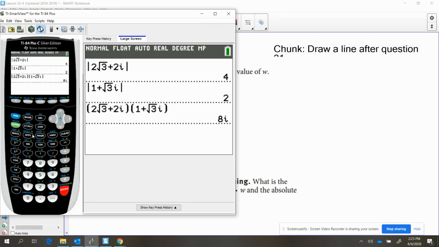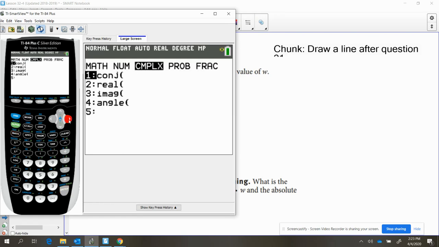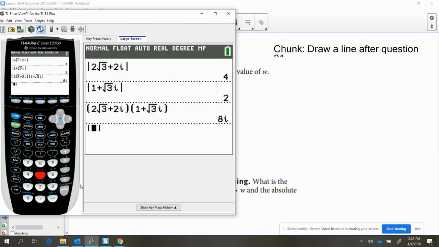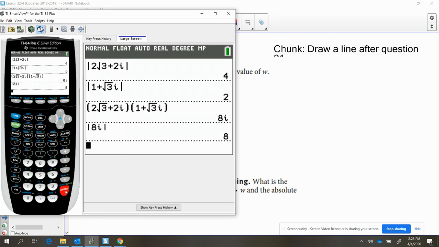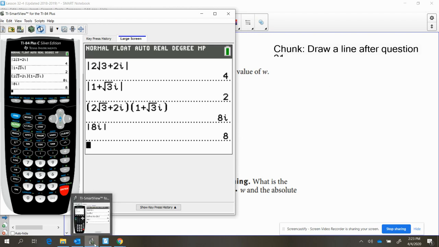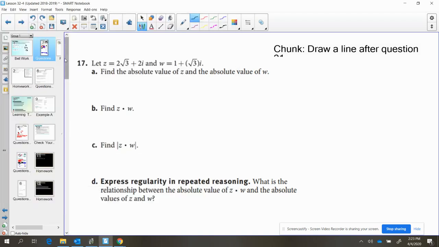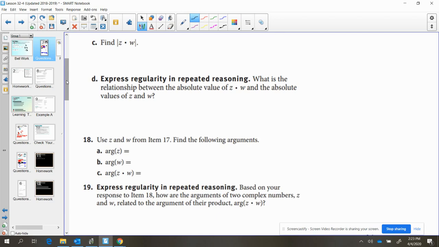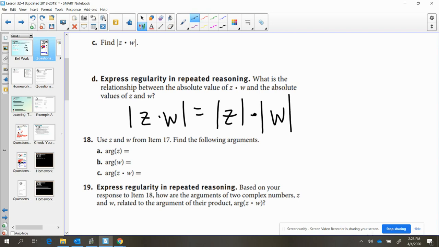We get 8i, and if we look for the absolute value of 8i, we get 8. So notice the relationship between 2, 4, and 8. Well, 2 times 4 is 8. So something very important to notice is that the absolute value of z times w is going to be the absolute value of z times the absolute value of w.